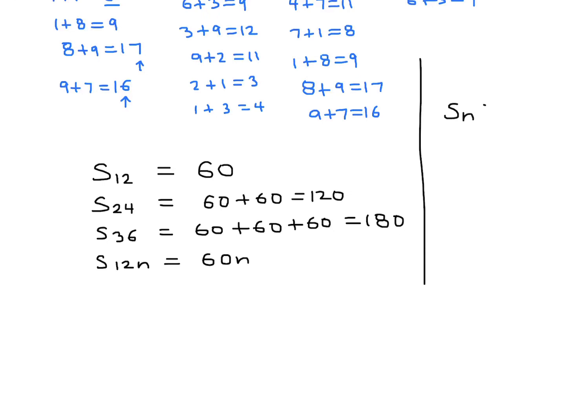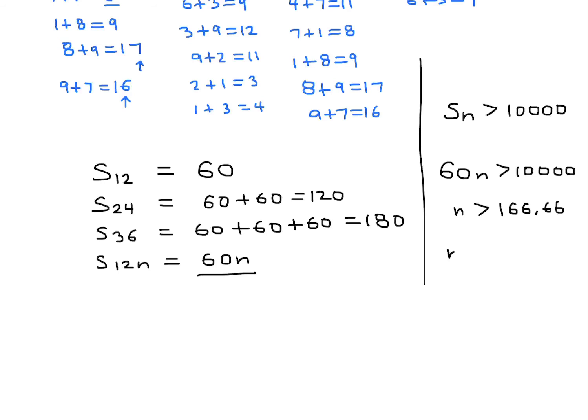Sn is greater than 10,000. All right. So that means that 60n, because that's basically the sum, 60n is greater than 10,000. So if you take out a calculator, you'll find that n is greater than 166.66. So obviously n is somewhere between 166 and 167.